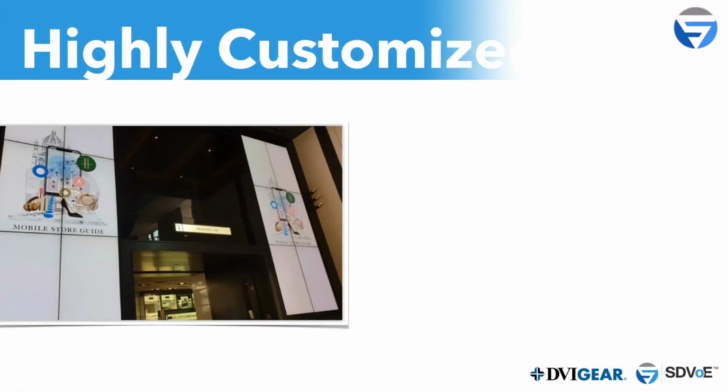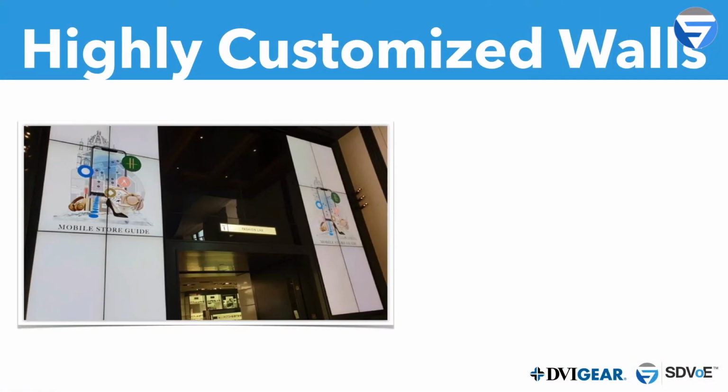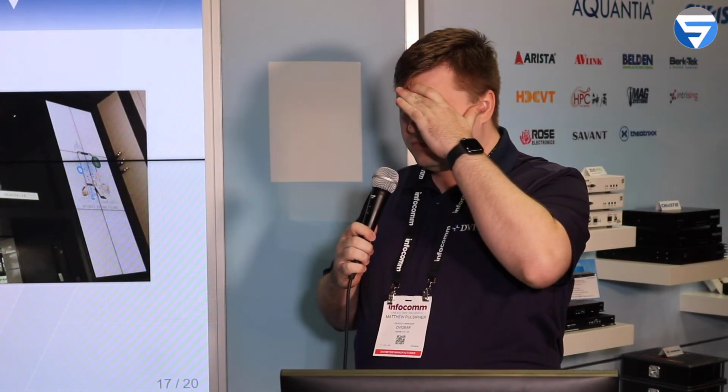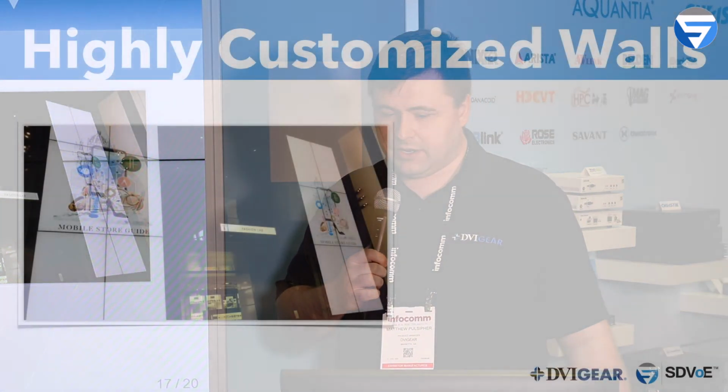Additionally, we have highly customized walls. This application was made in particular to a customer request that we had regarding a software wall. They wanted to use a hybrid of a software video wall solution along with DisplayNet to both distribute the video and reduce the number of video outputs required on their software source device.